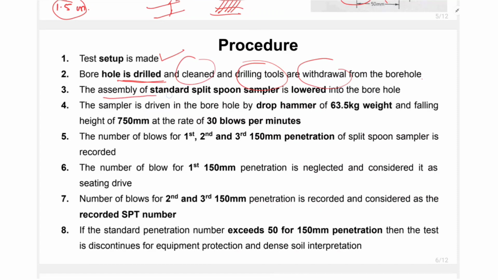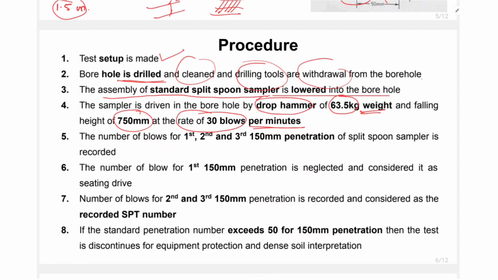Then the assembly of the split spoon sampler along with the drilling rod is lowered into the borehole, and then with the help of a drop hammer of 63.5 kg weight and height of fall of 750 mm, this hammering is continued, and the rate of hammering is equal to 30 blows per minute. This is the standard rate as per guidelines.